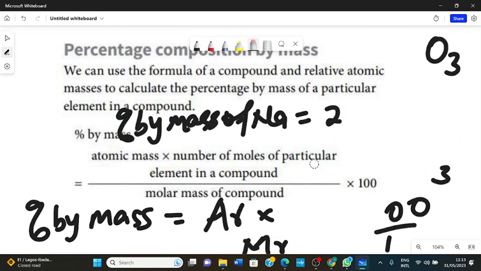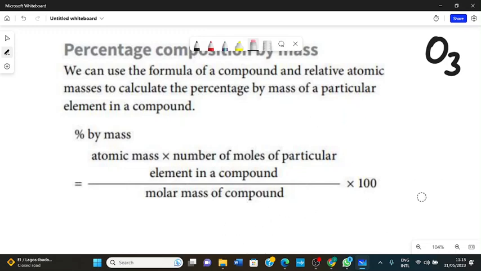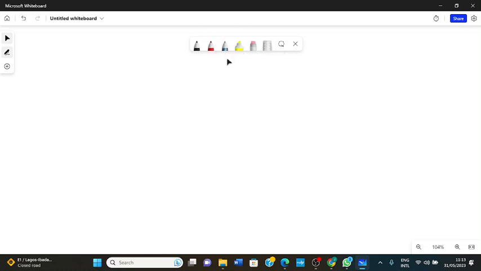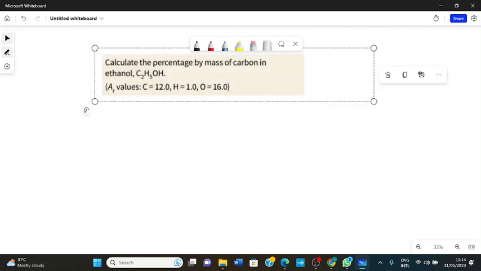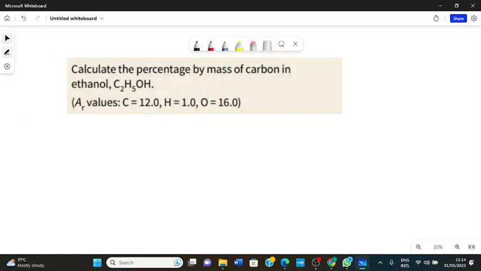So this is example 1. Now you're asked to calculate the percentage by mass of carbon in ethanol.